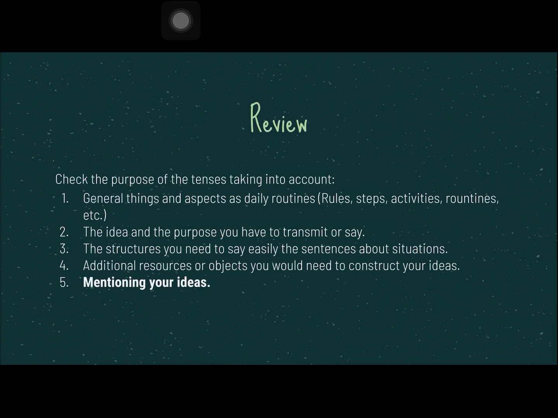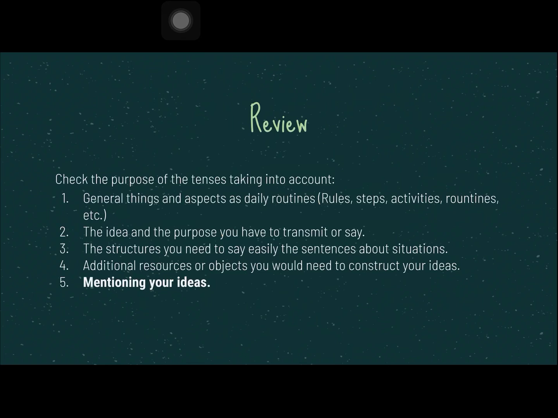You have to use them in order to say your ideas, your sentences, all the things that you want to say. When you have the idea in your mind, you can say whatever sentence you want, but you have to use the present and past, simple and continuous.